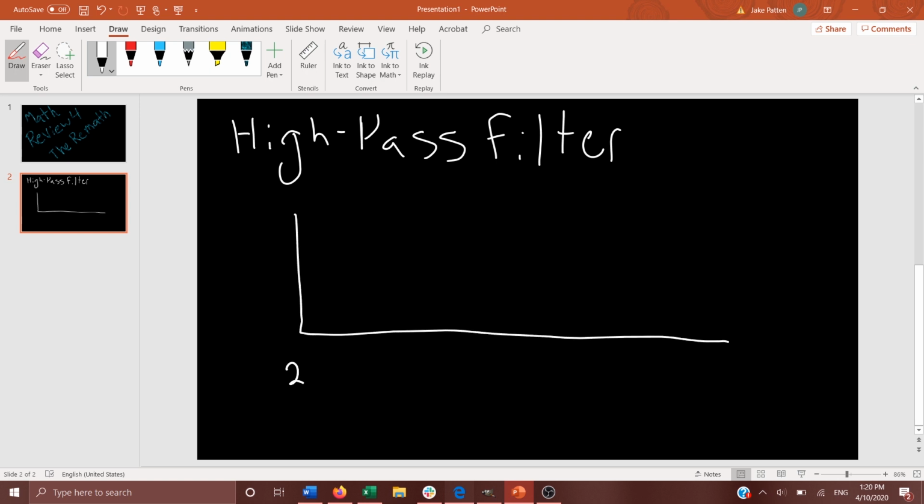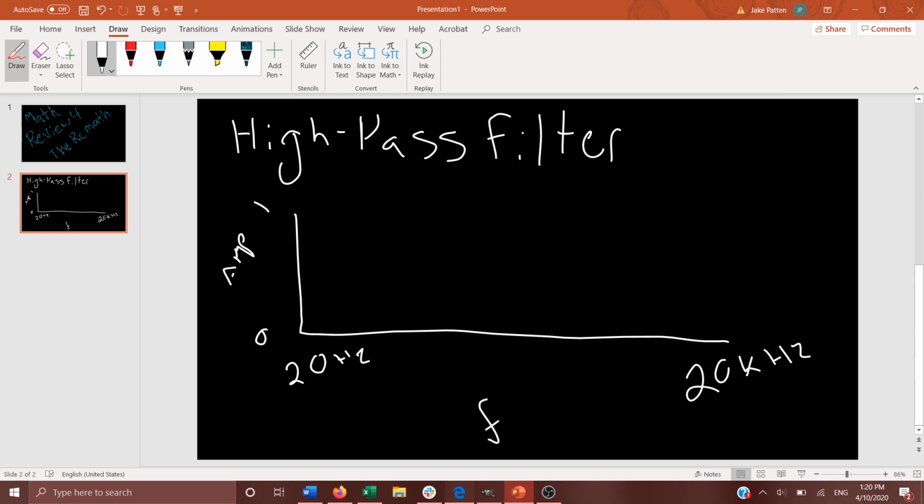So let's say this is 20 hertz and this is 20,000 hertz. This is our amplitude 0 to 1. This is just going to be frequency down here.